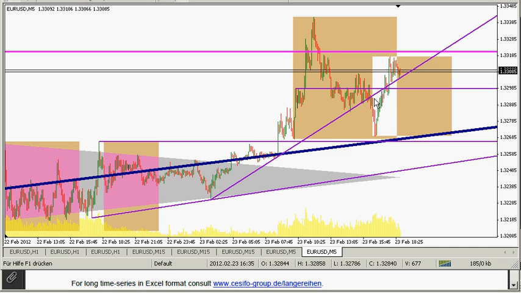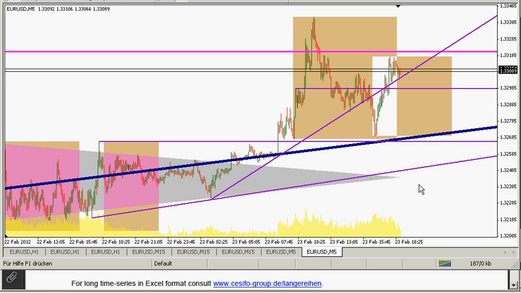However, from a technical view, I would still prefer the long side, and even take the stop wherever you want, at least about 132.50, roundabout, to put a significant line, of course.